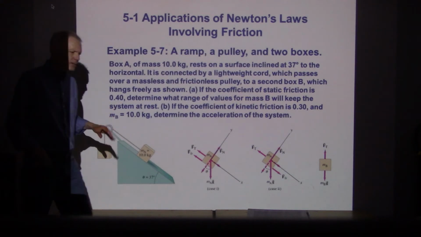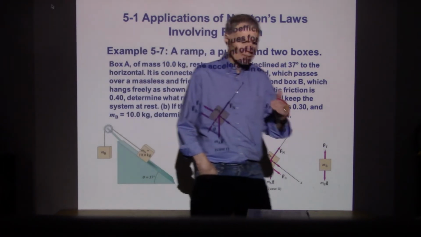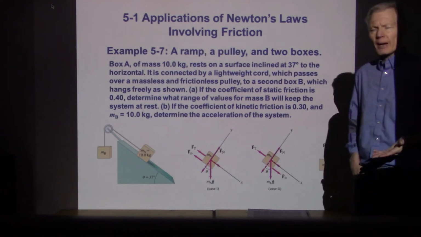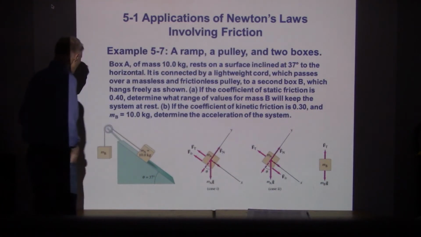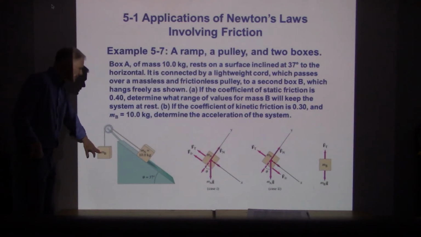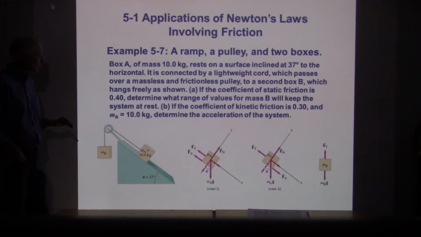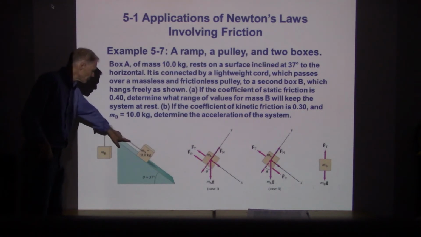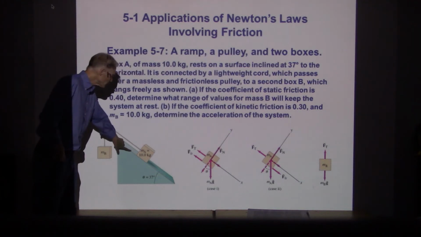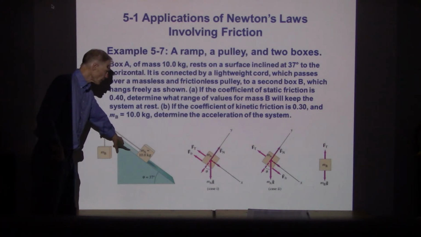You can imagine this. We've got this object sitting on a surface, and there's a good amount of static friction. Now, if M2 is not very large, then this is not going to produce much tension, and we're going to need a larger frictional force to hold this in place.